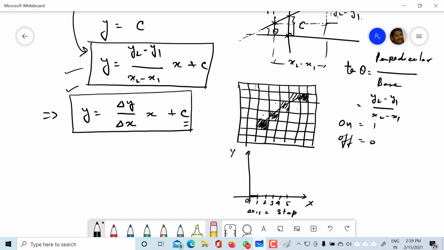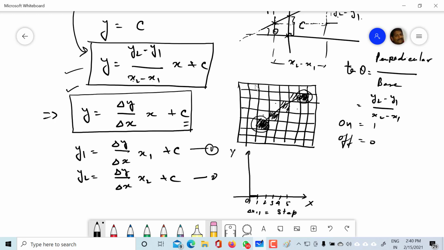I am putting two values in this equation because we know two points. First I put the first value into this equation: y1 equal to delta y upon delta x times x1 plus c. This is the first equation, and the second equation is for the second value: y2 equal to delta y upon delta x times x2 plus c.